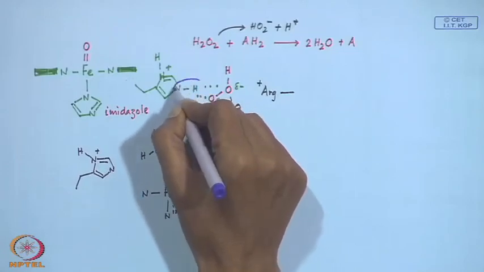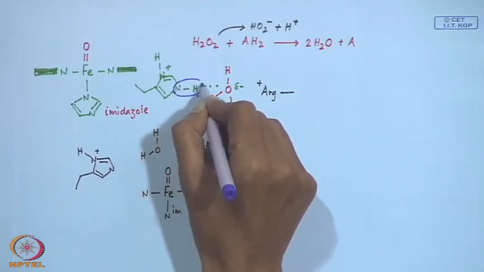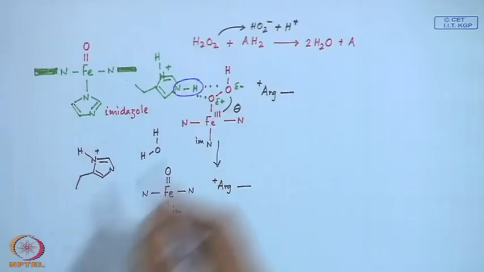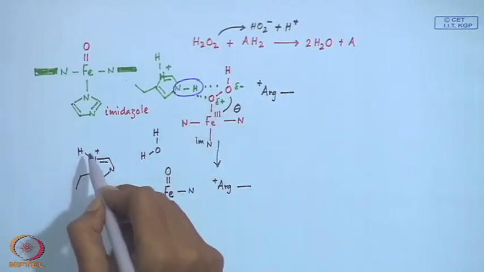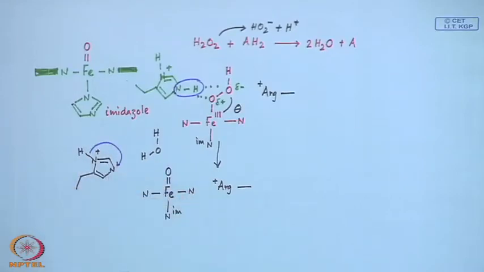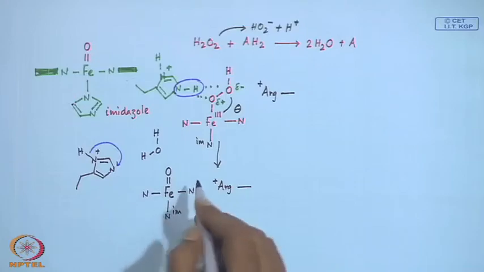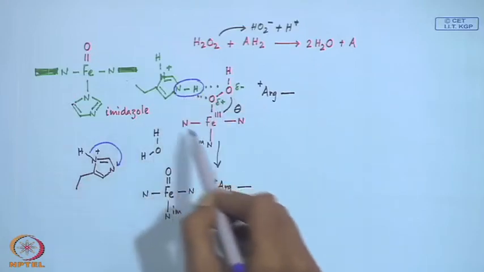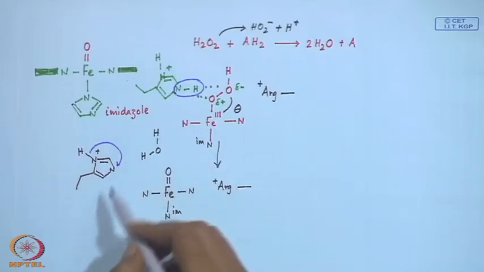So, the immediate movement for this, that means your NH, this NH is important. So, this proton will now move to this nitrogen to regain this structure. So, you see in this particular case, not only the coordination environment around iron is important, but also the secondary interaction, the second sphere of interaction, which we call the protein environment.